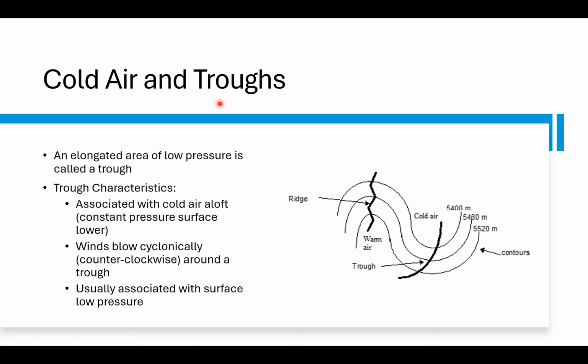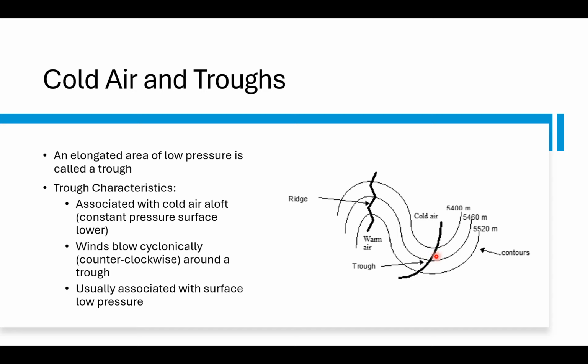All right, so with troughs in general, what exactly is this trough over here to the right? It's an elongated area of low pressure. The trough characteristics: it's associated with that cold air aloft. That constant pressure surface is going to be lower, as we already discussed.